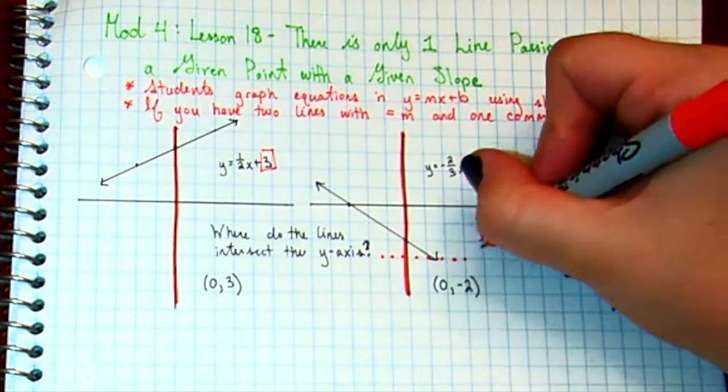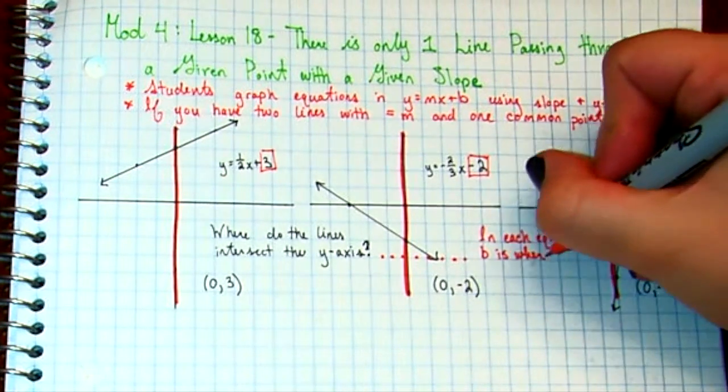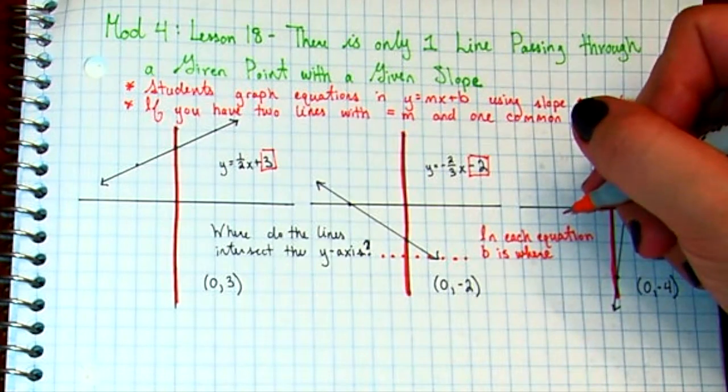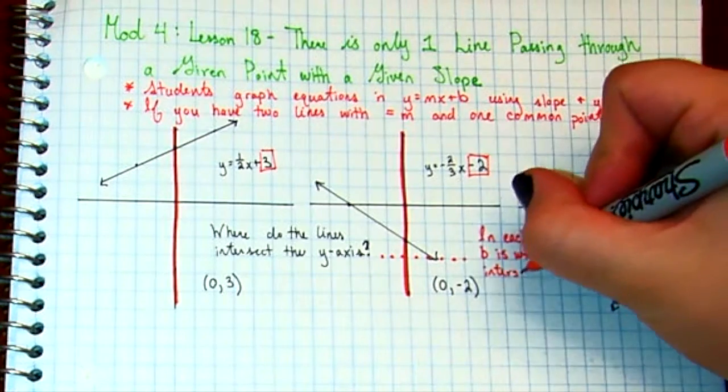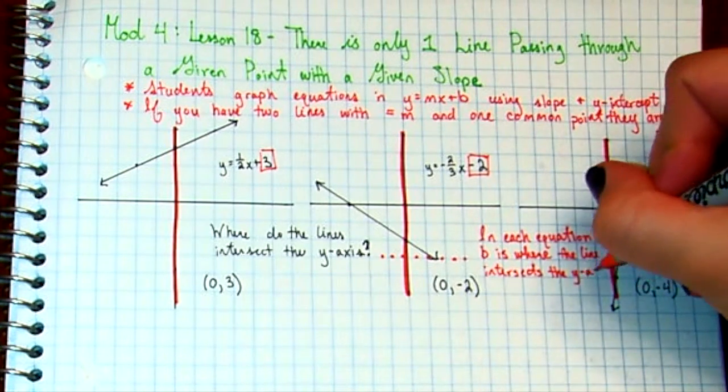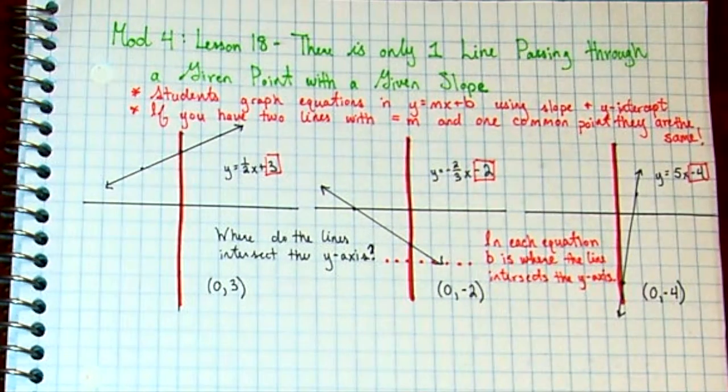So in each equation, b is where the line is going to intersect the y-axis. And it's important to note that there's no variable attached to those numbers, so it is a constant, which means it will never change.